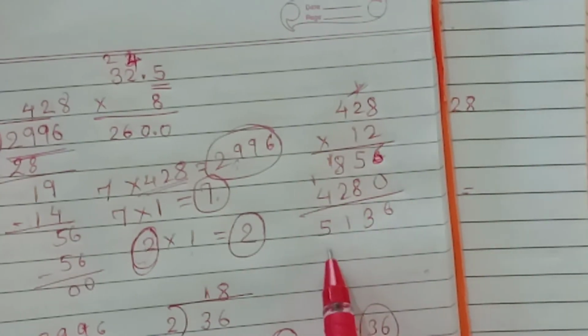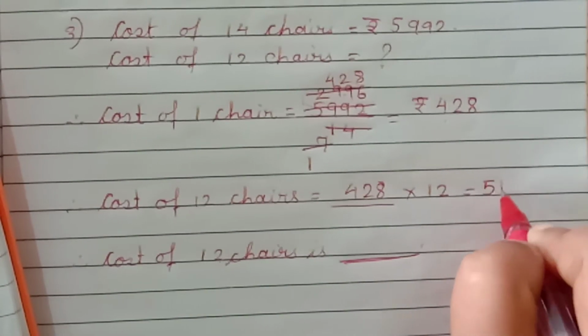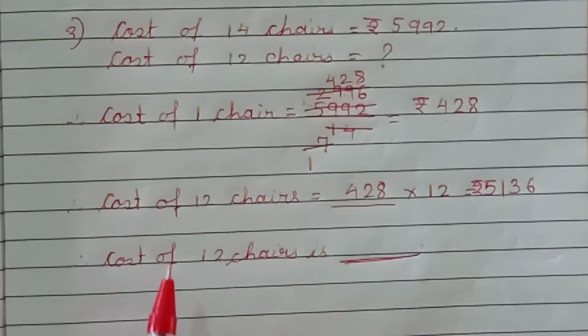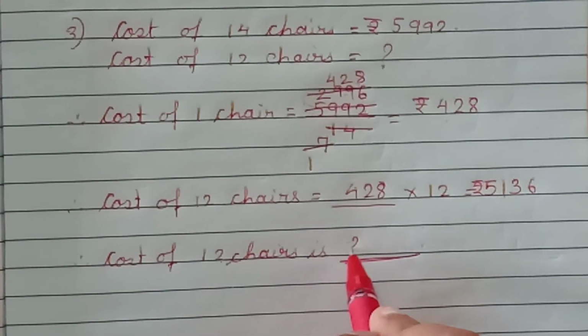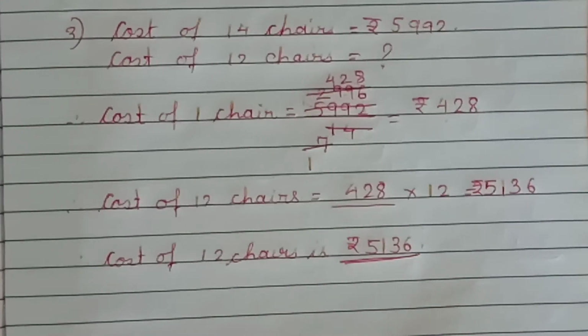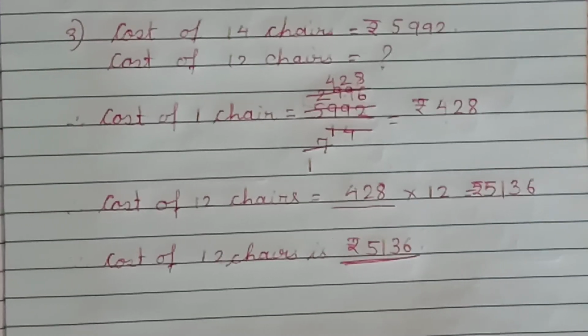So what is the answer? 5136. So this is the rupees. Yeah. So cost of 12 chairs is rupees 5136. So now write down the question and the solution of question 3.